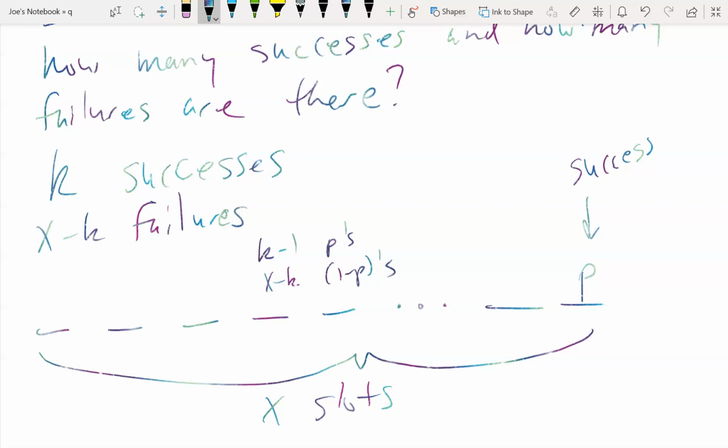These are all independent. So if you had several p's followed by several 1 minus p's, how would you calculate the probability? They're all independent, one after the other. You would multiply them, right?